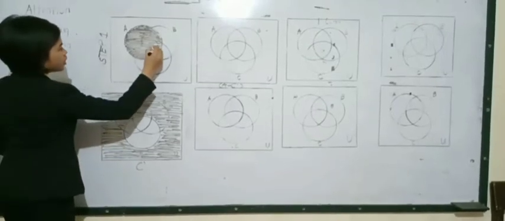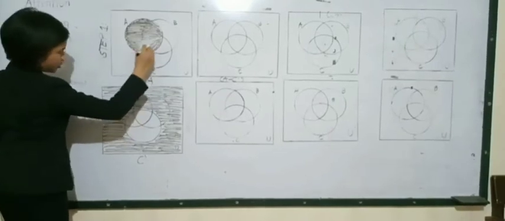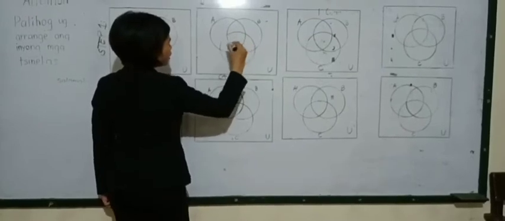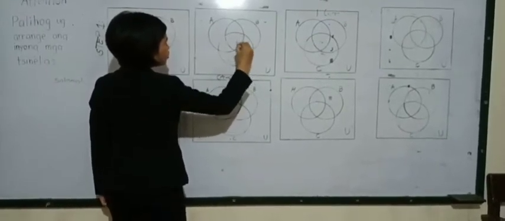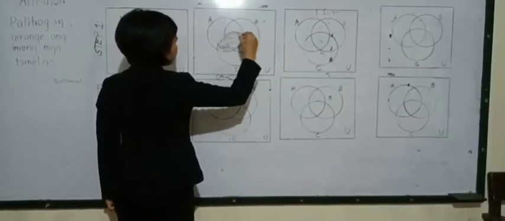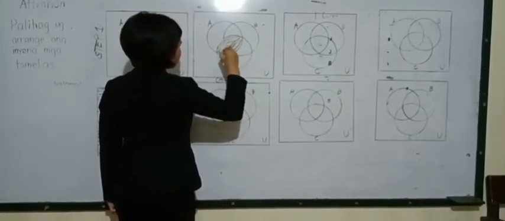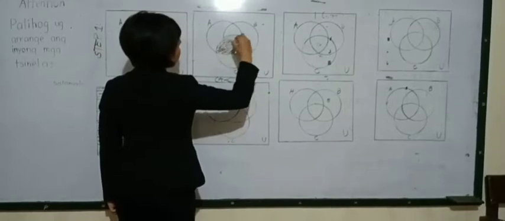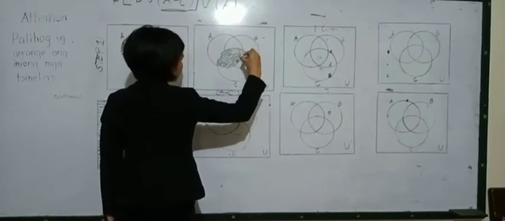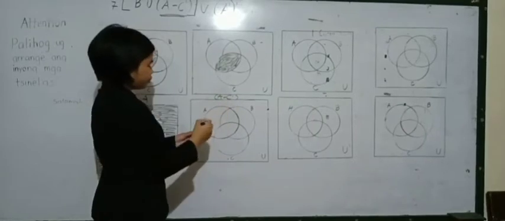So, this area. So, we're going to shade that area here. So, this is the A minus C prime.